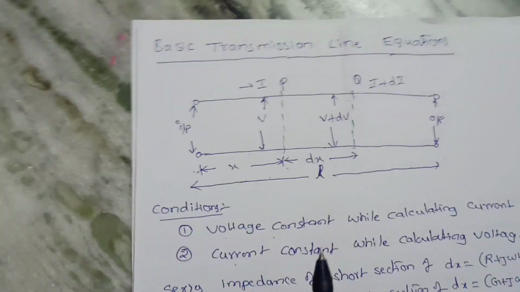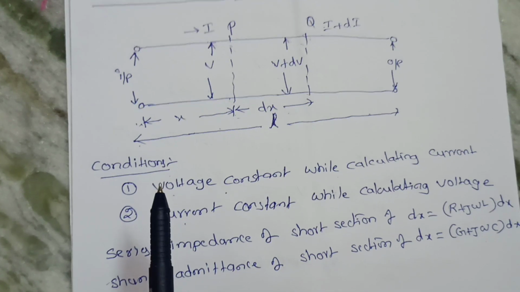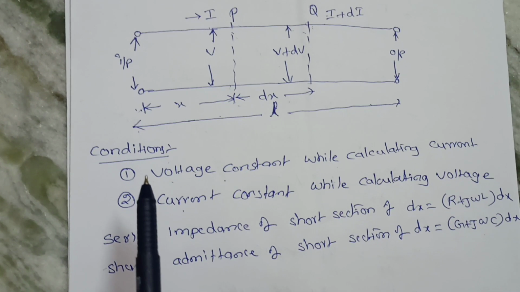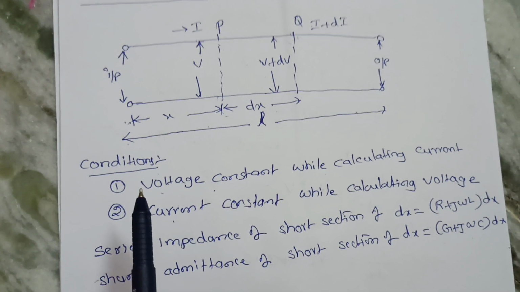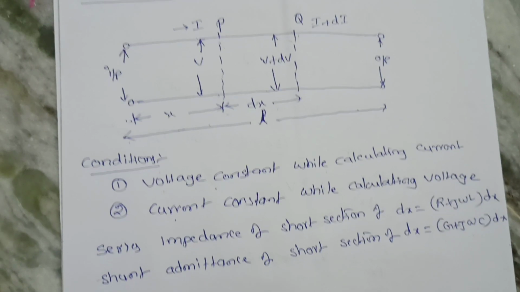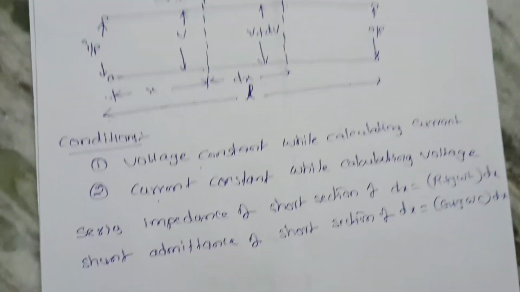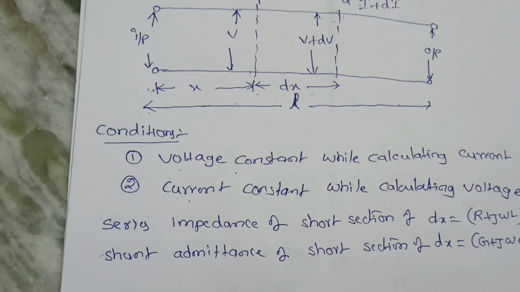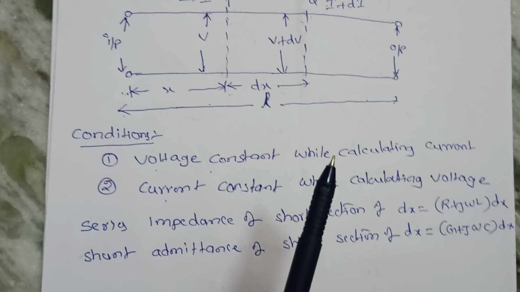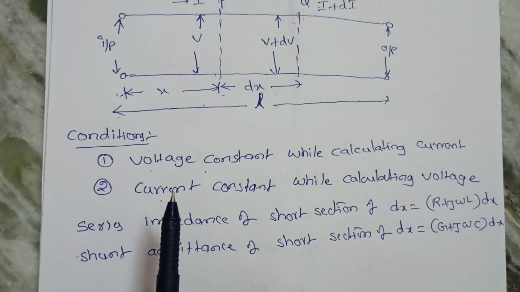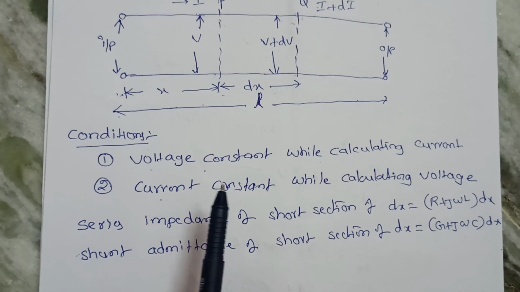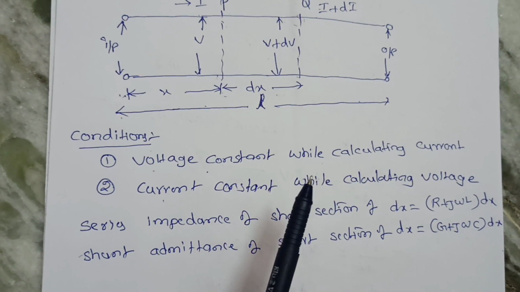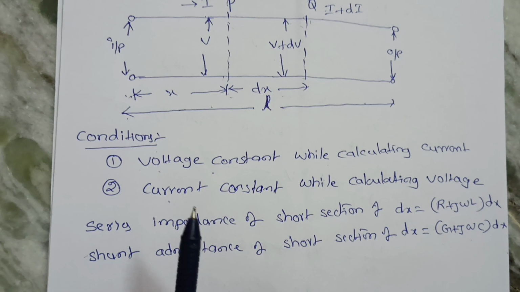For this, two conditions are there. The first one is that voltage must be constant while calculating current, and the second condition is that current must be constant while calculating voltage.